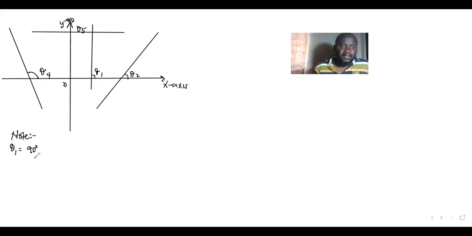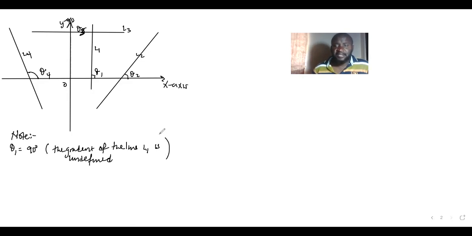That is the case, then the gradient of the line, this is line 1, line 2, line 3, this is theta 3, then line 4. So the gradient of line 1 is undefined, because the tan of 90 is infinity.